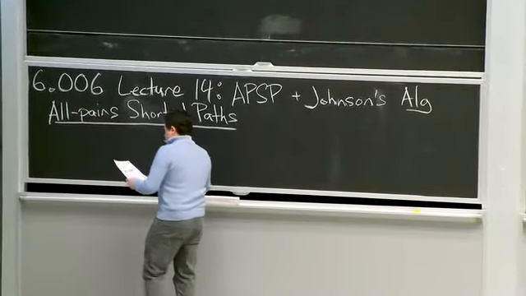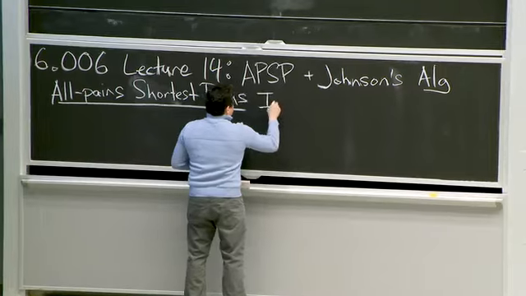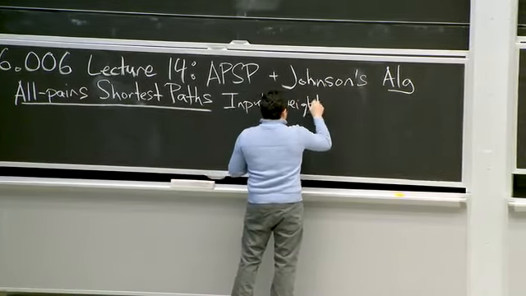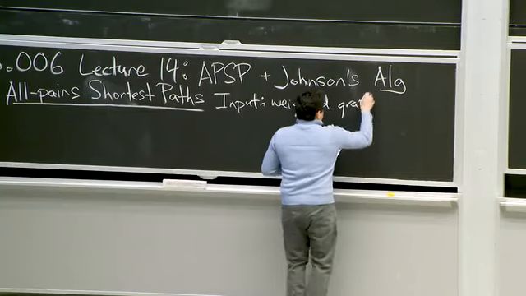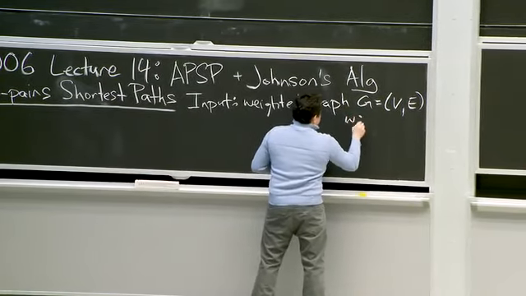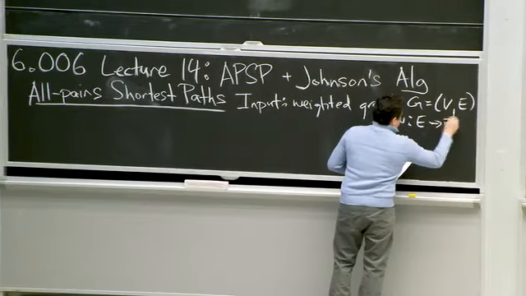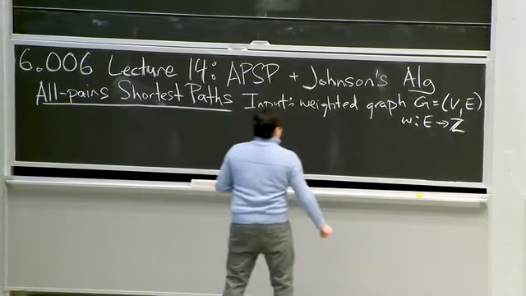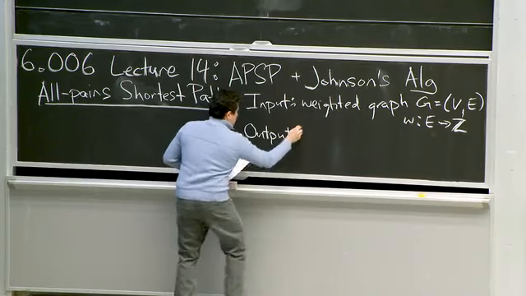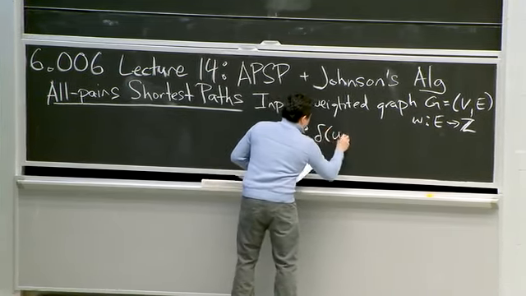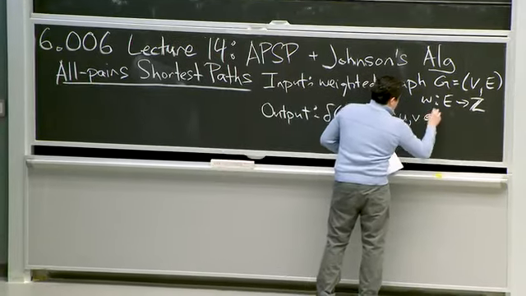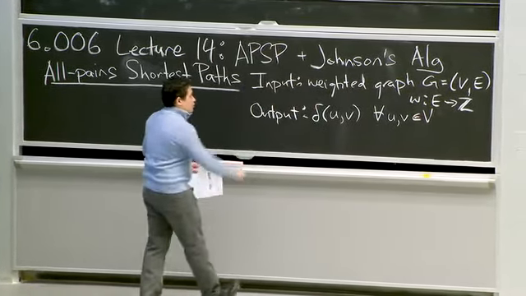Instead of having a single source, given an input weighted graph, where we've got a graph G = (V, E), and we've got a weight function from the edges to the integers, this is our general weighted graph, we want our output to be the shortest path distance delta(u, v) from u to v for every u and v in our vertex set. That's what we want to return.